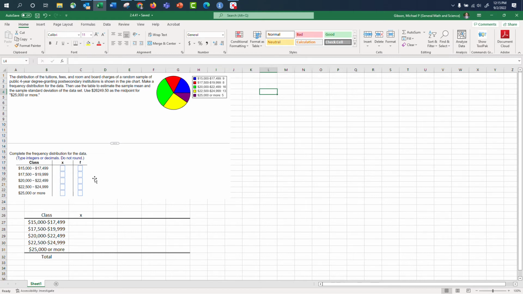All right. So first we'll fill out the frequency distribution. This is our F. Now, if you remember, when we get these frequency distributions, what we use for the X's is the midpoint. So let's put in what they just gave us. They said for the last class to use 26,249.50.